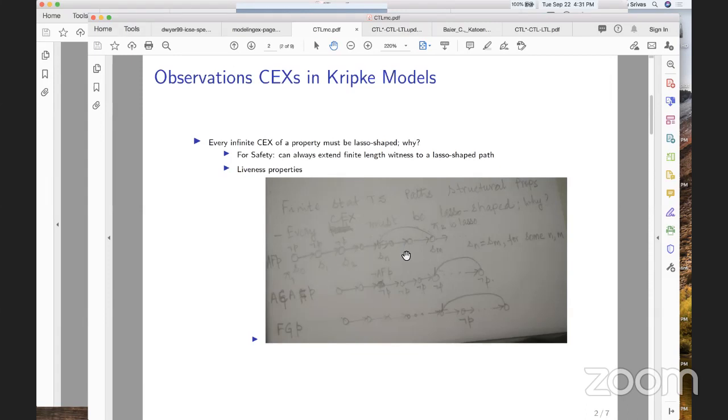Once I show that every path in a finite Kripke structure will have to end up in one of such lassos, the other side will be true as well, is what I'm claiming.